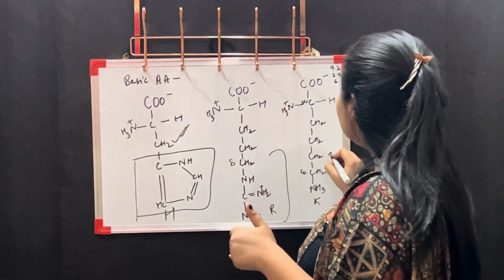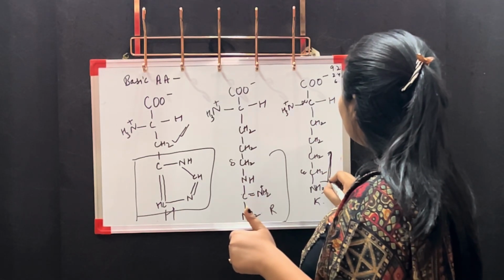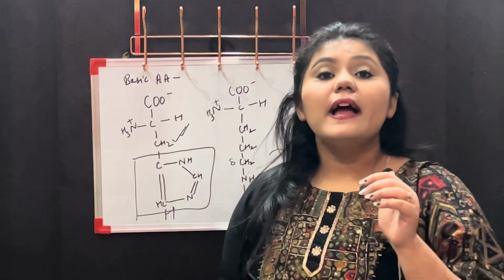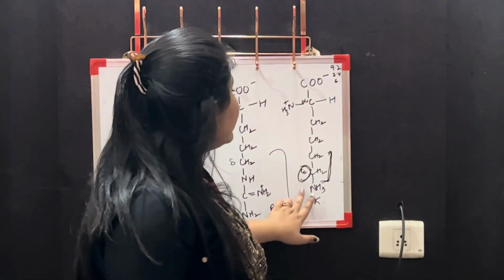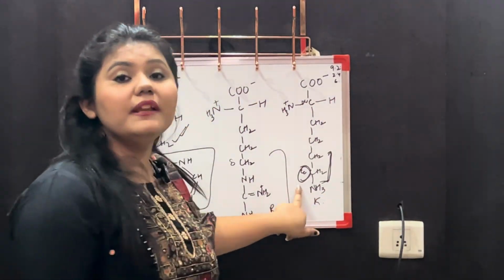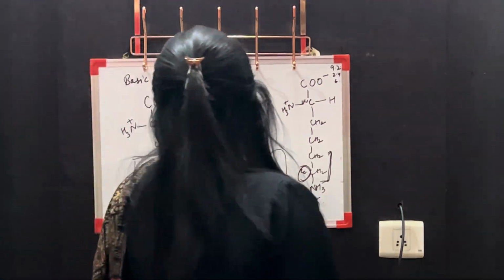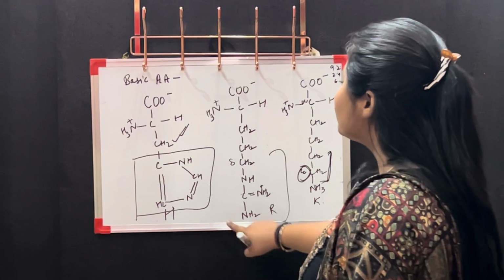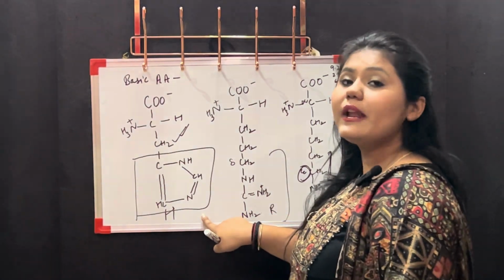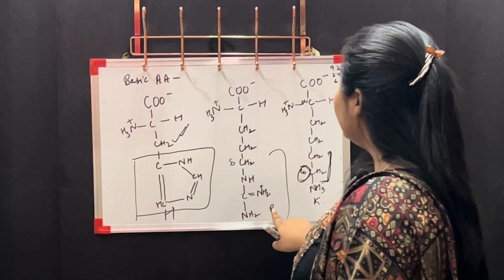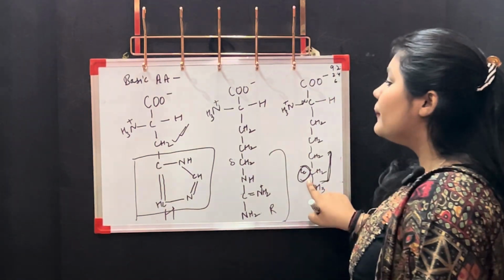Then we have lysine. Lysine is the amino acid that has an epsilon carbon in its structure. So what are the features of these amino acids? The side chain of histidine is known as the imidazole ring, imidazole group. Arginine has the guanidino group, and lysine has an epsilon carbon in its structure.